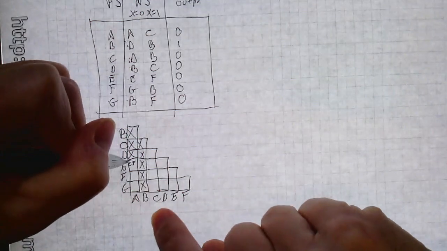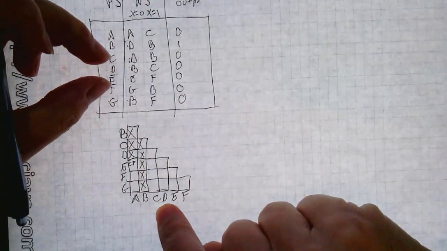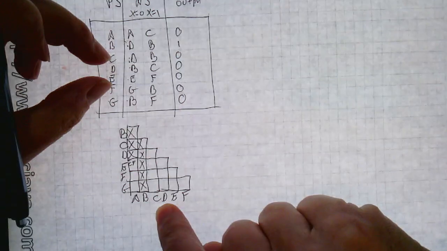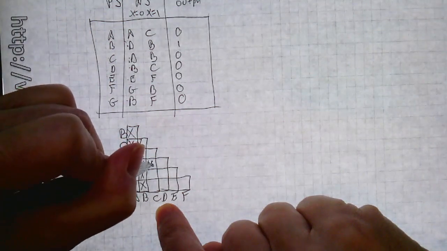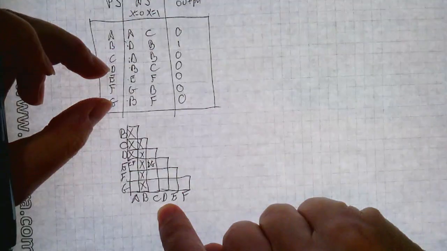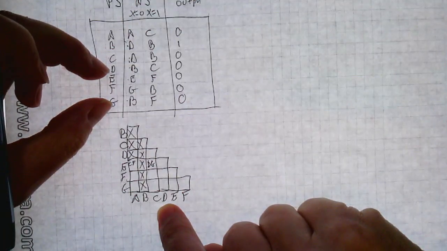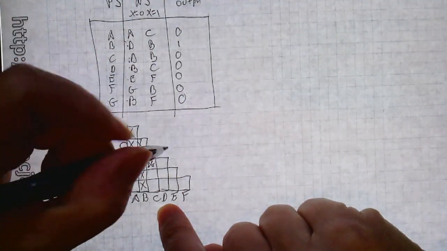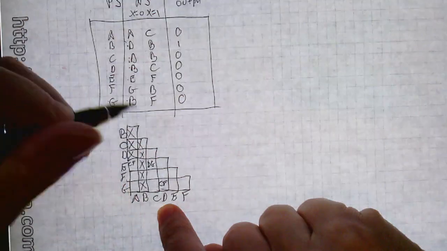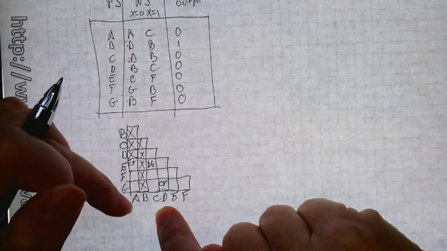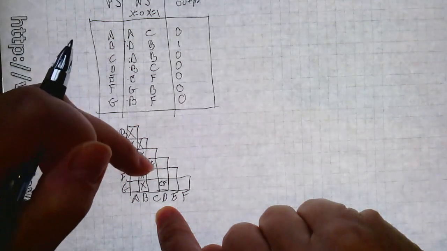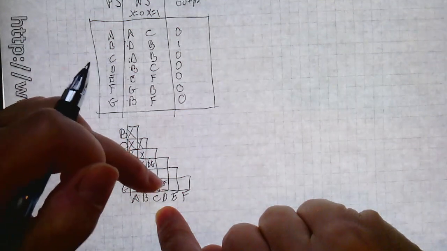So this needs CF. CF needs DG, and it needs B to B. So CF needs DG. DG needs B to B and CF. So DG needs CF. So AE needs CF, CF needs DG, DG needs CF.